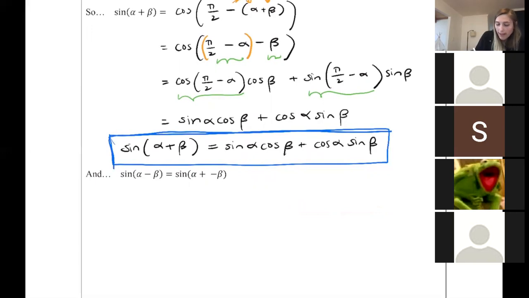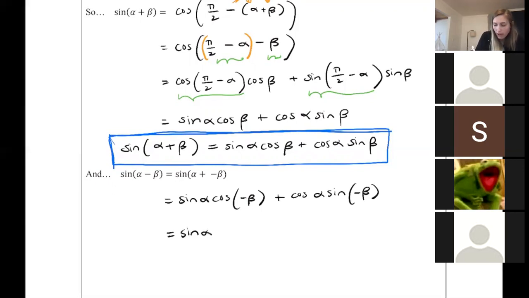So applying that identity we just derived, sine alpha times cosine of negative beta plus cosine alpha times sine of negative beta, and then use the even odd identities to simplify. So that's just sine alpha cosine beta minus cosine alpha sine beta.